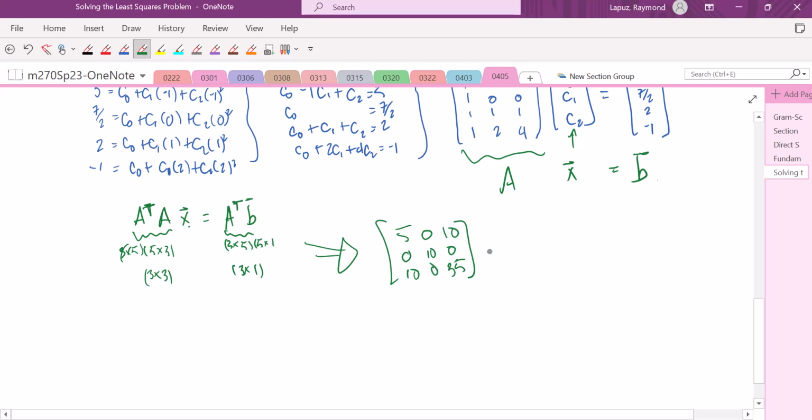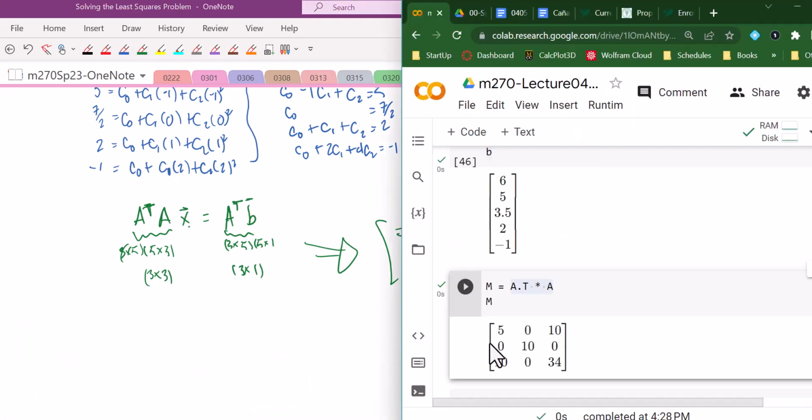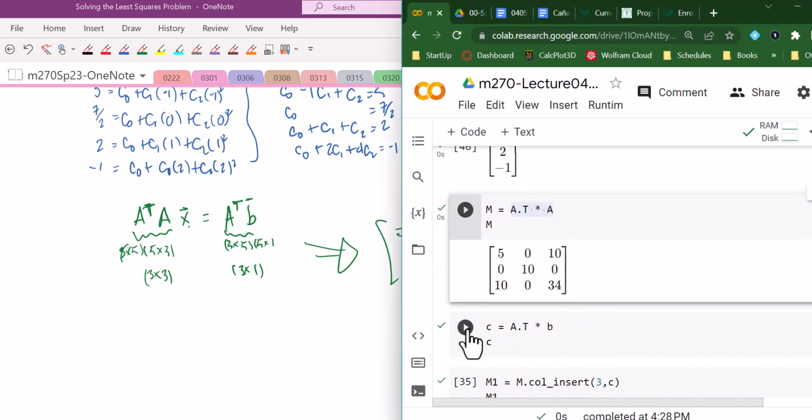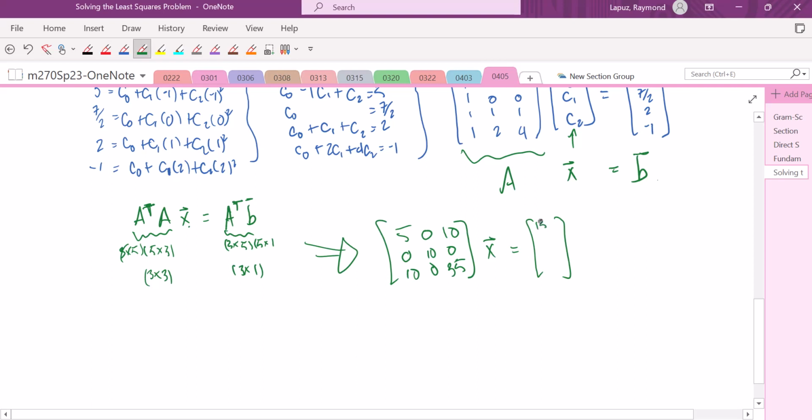And then now we have this x over here, and we want to set this equal to a 3 by 1 matrix. And so that would be this next step. So it's 15.5, negative 17, and 27.